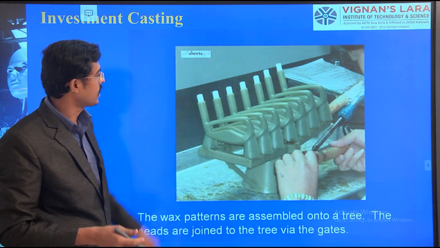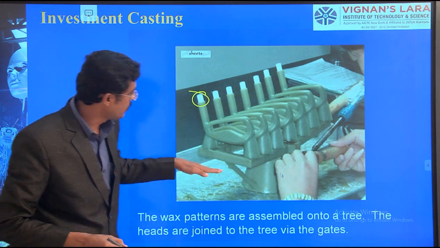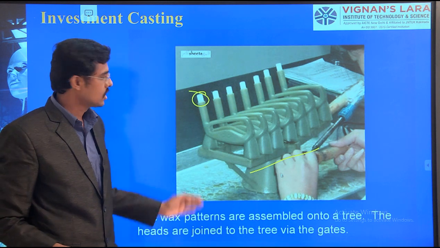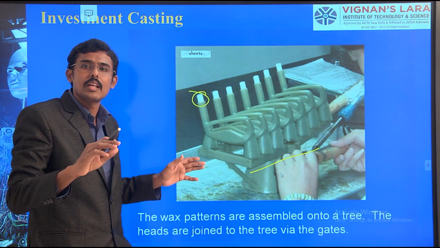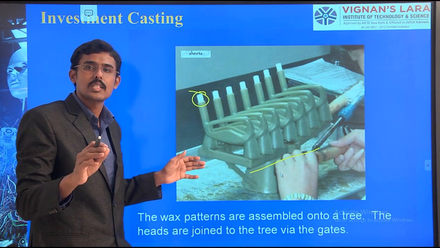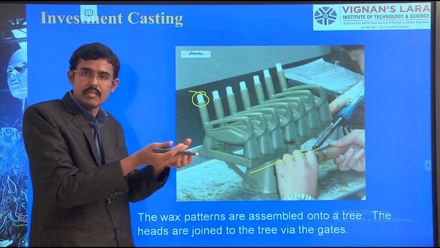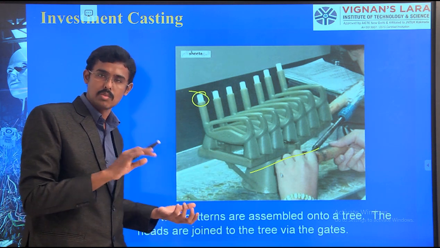The wax pattern designs are assembled together in a single tree. What happens? All together it fills, all together the pattern is ready, all together the shell molding is ready, and all together you can pour, solidify, and take out. It is one of the easiest methods of pouring and solidifying.